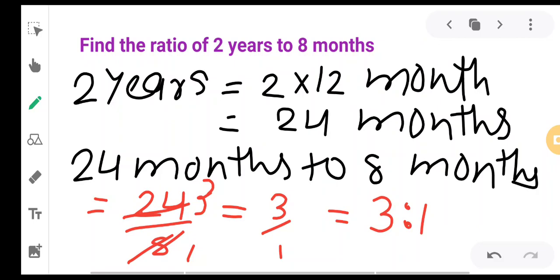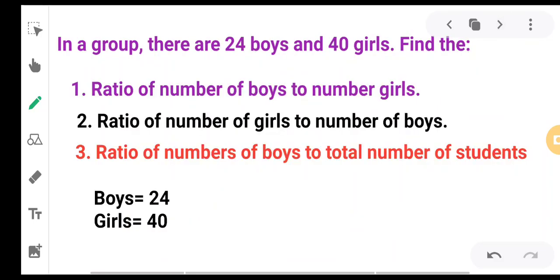Let's start, students. In a group, there are 24 boys and 40 girls. See, these are different sums. First, we have to find the ratio of the number of boys to the number of girls.